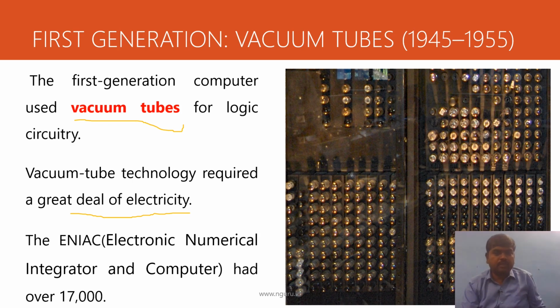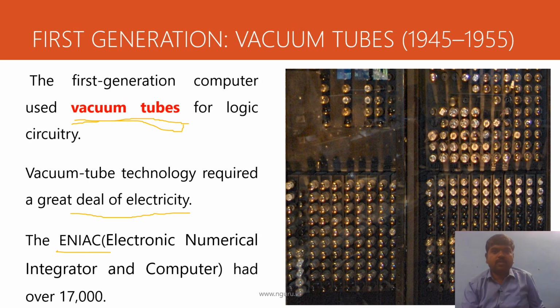We have seen ENIAC and UNIVAC built using vacuum tubes. Those computers were built using vacuum tubes. So in the first generation, the main component is the vacuum tube, used to build the system.